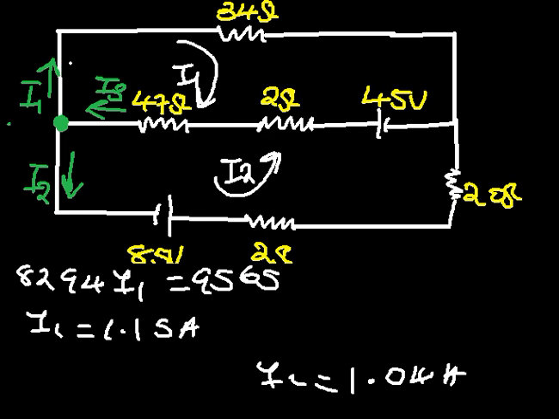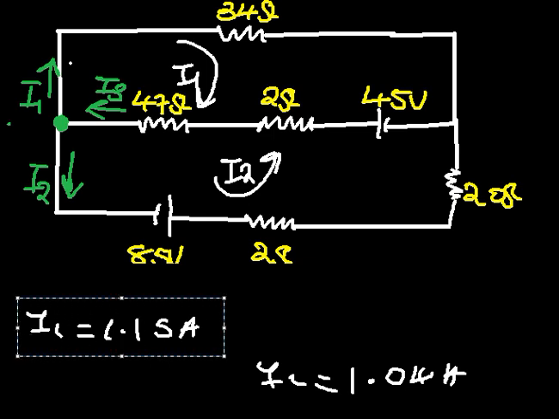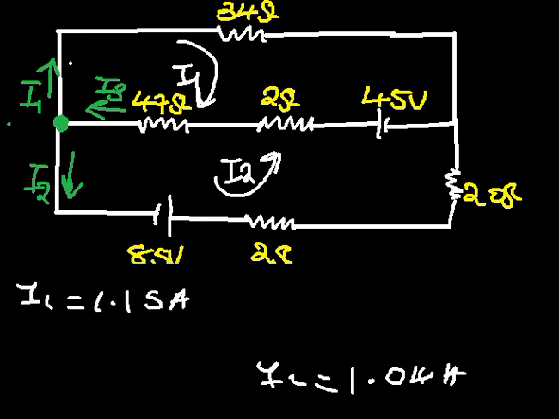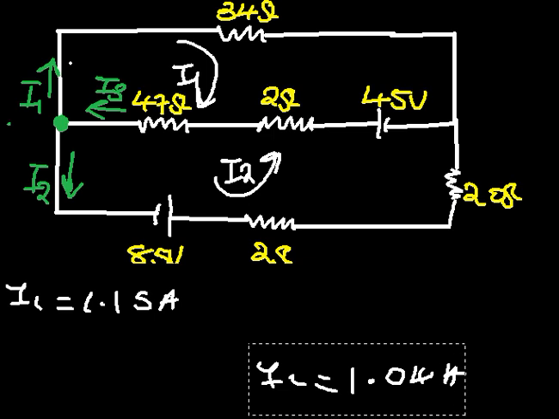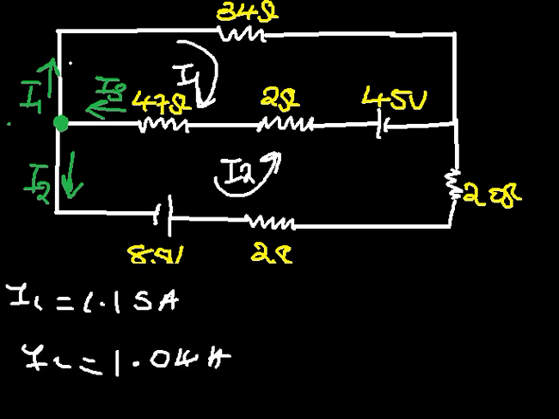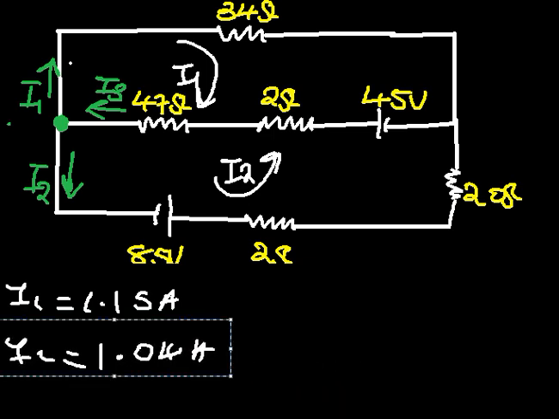And of course, if the directions are not being given, we can choose any sort of directions. The answer will be the same. Only that you may experience some values to be negative, but that would be the same way as well.